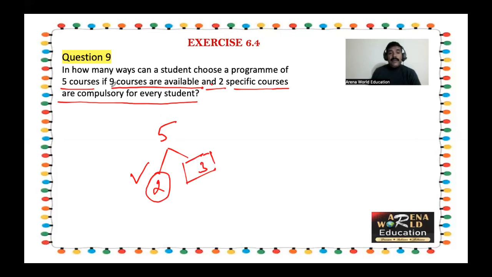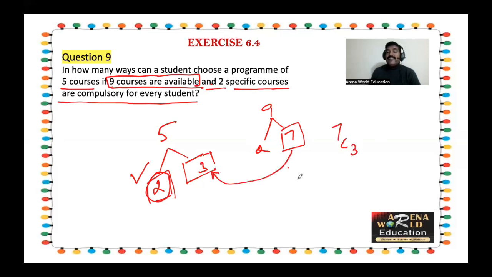So mainly 9 courses are there. Out of 9 courses, 2 are compulsory. So remaining 7 will be there. And what we will do? We will choose any 3 out of 7. So in this way, if you understand the question, so easily you can solve every question in fraction of seconds.